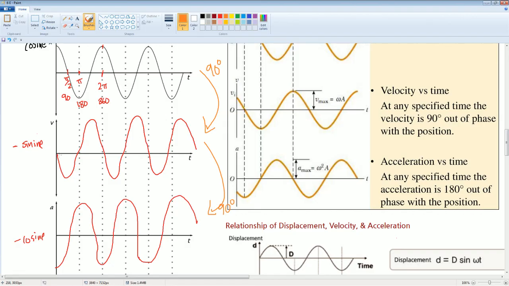Now, if you want to think about from acceleration to velocity, this would go 90 degrees to the right. From velocity to position wave, you would go 90 degrees to the right. Same idea. So there you go. Those are all your solutions.